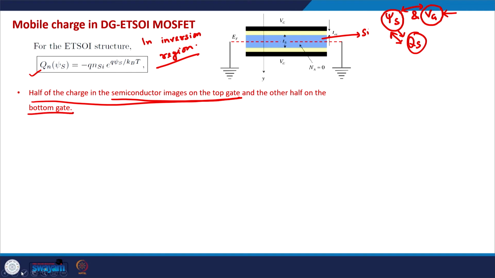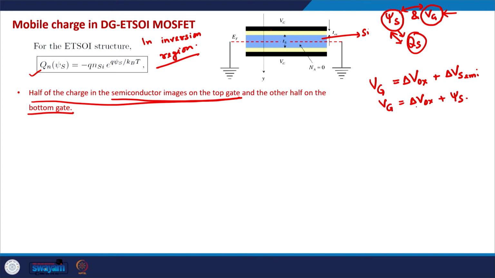In that case, we can see what the charge is across these top and bottom oxides. Because if you remember the basic relationship between Vg and psi s, Vg is delta V ox plus delta V semiconductor, that is, delta V ox plus psi s.